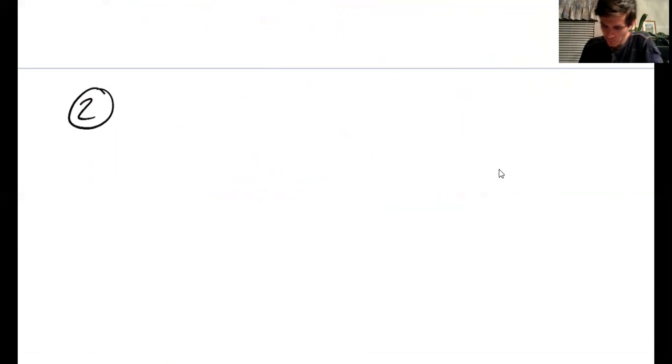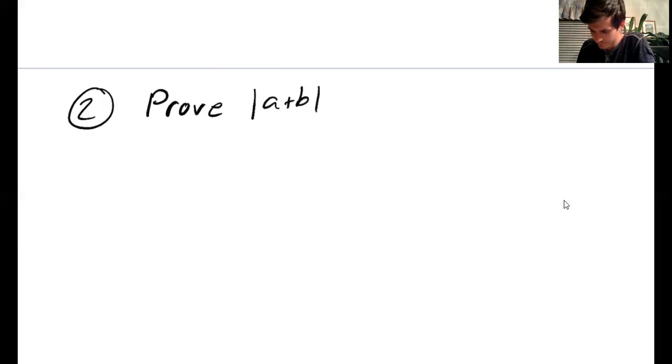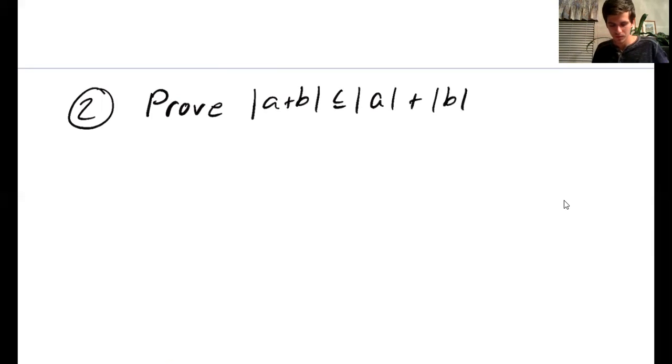So with this, we're trying to prove that the absolute value of A plus B is less than or equal to the absolute value of A plus the absolute value of B.